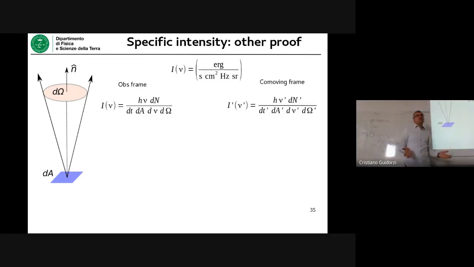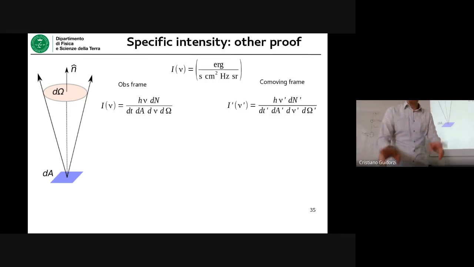So just look at the definition of intensity. Intensity is energy per unit time interval, per area of the emitting surface, per hertz, per steradian. So you want to understand what kind of relation there is between the quantity in the observer frame and the same quantity in the co-moving frame.